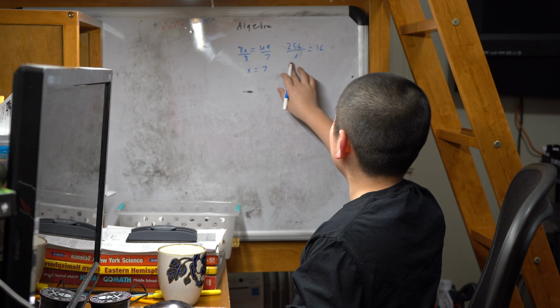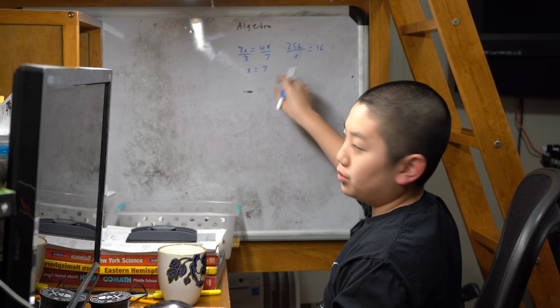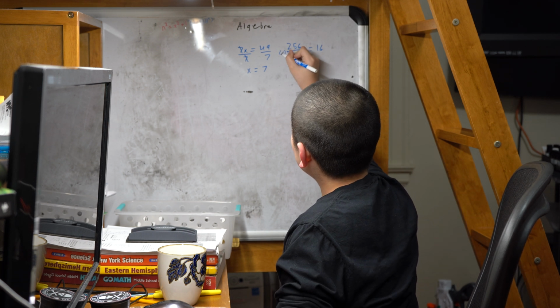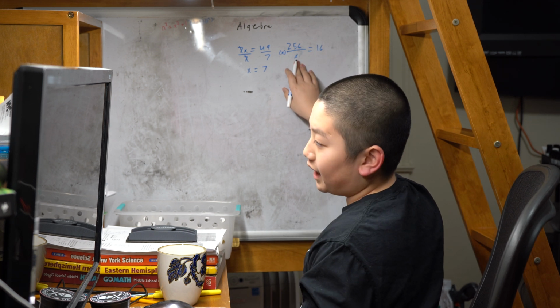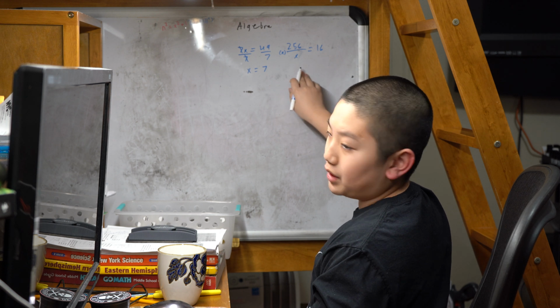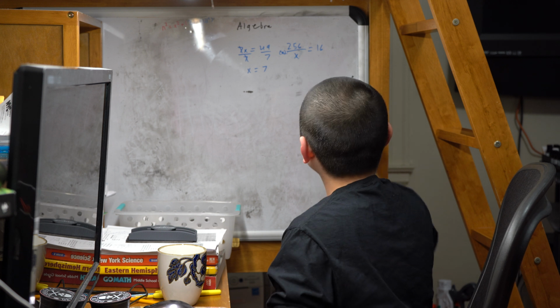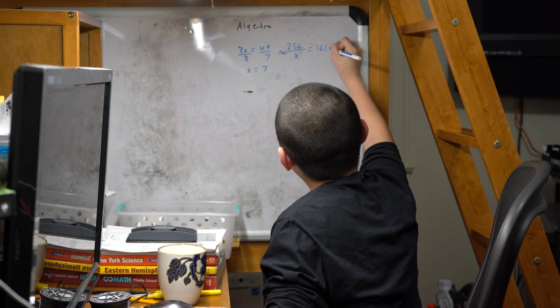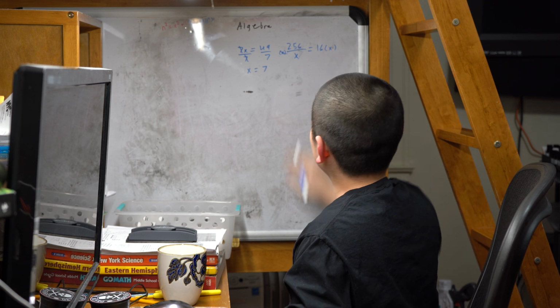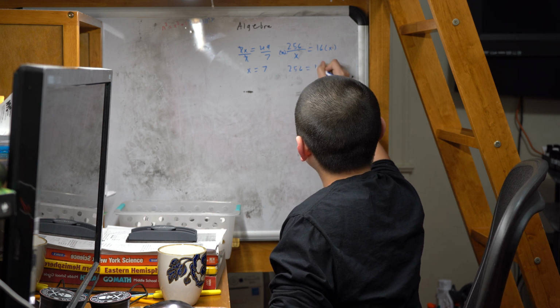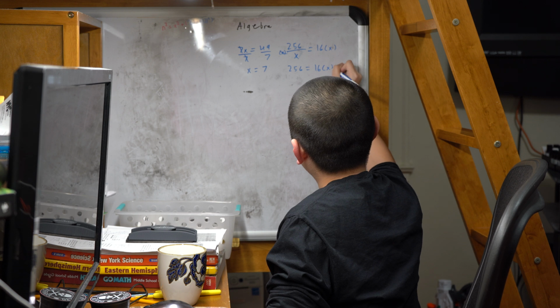When you start with division, to cancel out the division, you have to multiply. So x divided by 16 times 16 cancels out. Yes, you can also cancel out variables. And since we do it on the other side, you still have one variable left. So now it changes to 256 equals 16 times x.